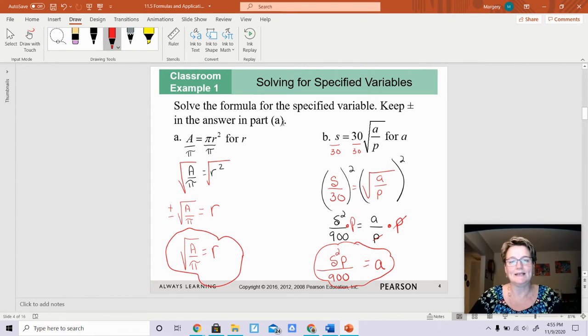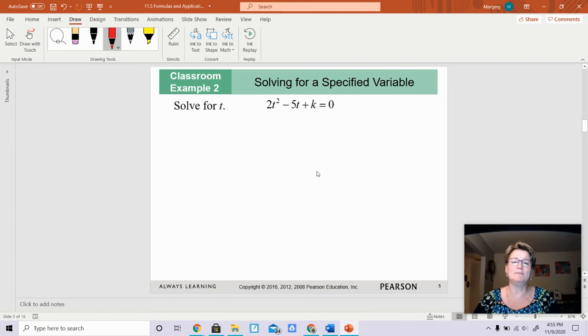All right, next problem. The next problem says this: solving for a specific variable. On this one, they want you to get t by itself. So what we're going to do is we need to get t by itself. I guess we can do the completing the square.